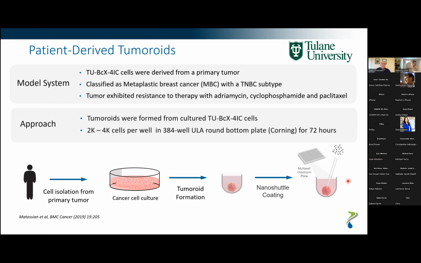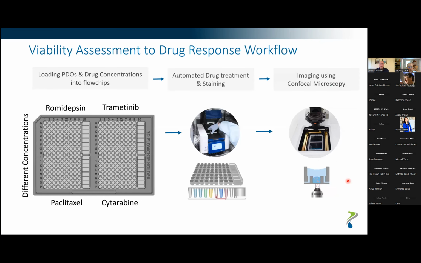In this case, we're showing work from her 4IC cells, which was a metaplastic breast cancer, resistant to different therapies, including Taxol. And here we are forming organoids in round bottom plates and then transferring them to our flow chips. We did a viability assessment with 4 different compounds, ran that in the Puma flow chips, and then did automated drug treatment and staining of those organoids and imaged them on an ImageXpress Micro system.